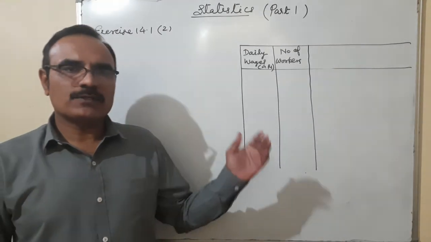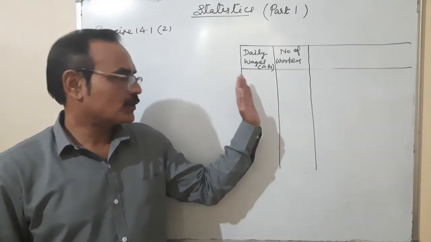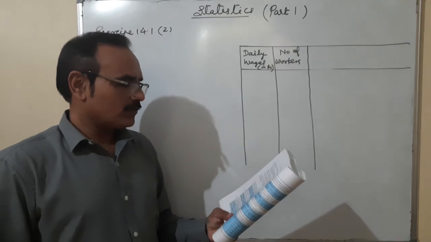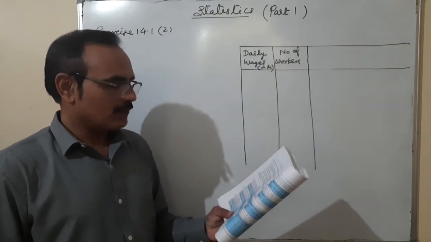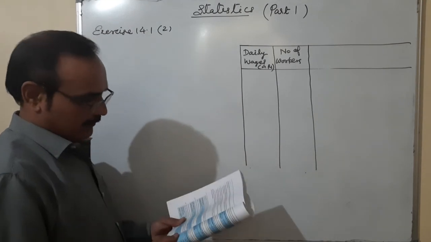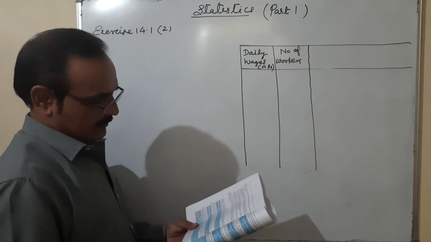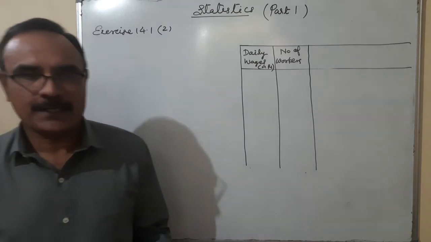You will observe that you get only two columns. In the question paper also you get two columns, in horizontal or vertical form. So you will make two vertical columns like that. Consider the following distribution of daily wages of 50 workers of a factory. Find the mean daily wages of the workers of the factory by using an appropriate method.